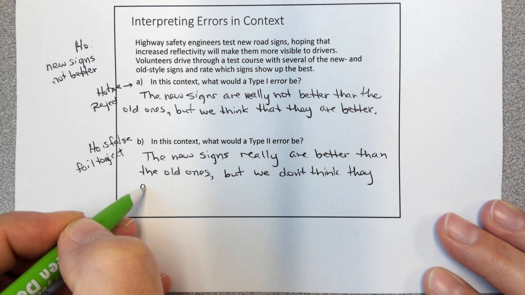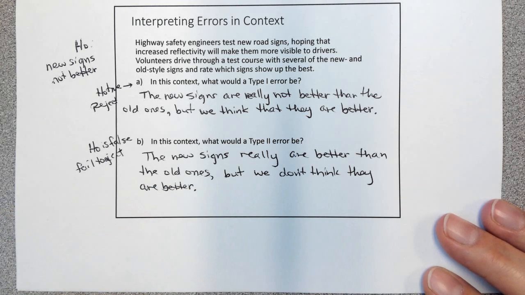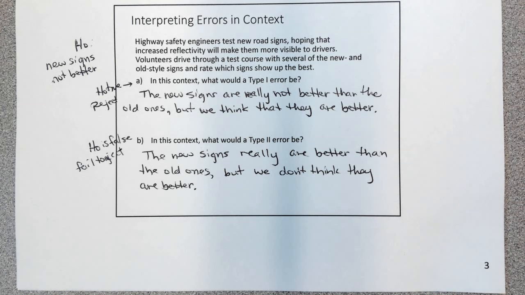So just say the opposite. Okay? Context is there. Truth and decision. Context, truth, decision. Alright. Does that work in your head okay?